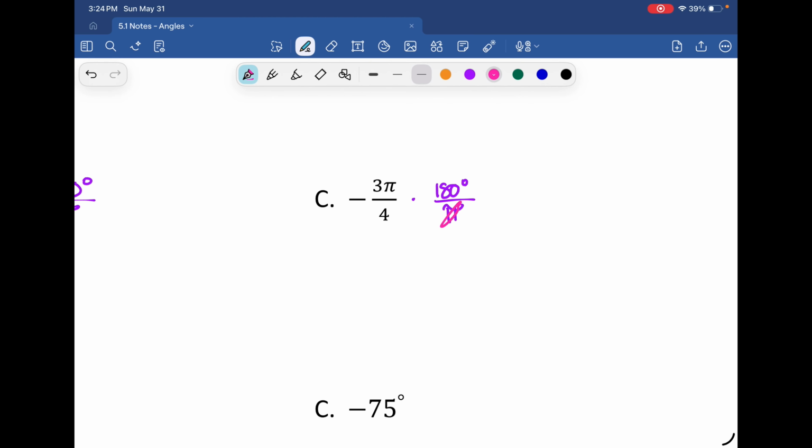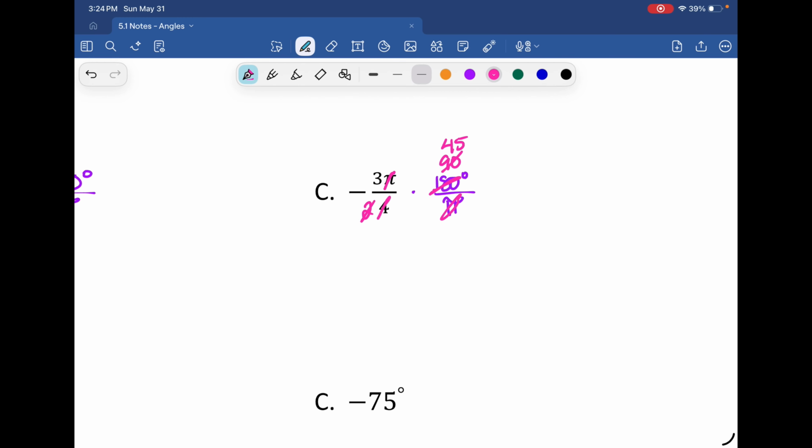In this case, pi is going to cancel pi. 4 goes into 180. 4 goes in 2 twice, so that's 90, and then 2 goes into 90 45 times. It's 135 degrees negative.